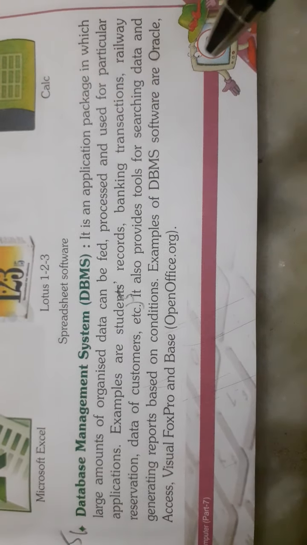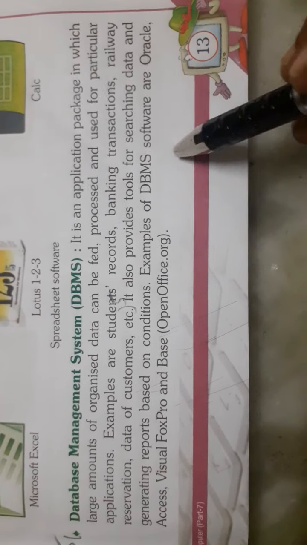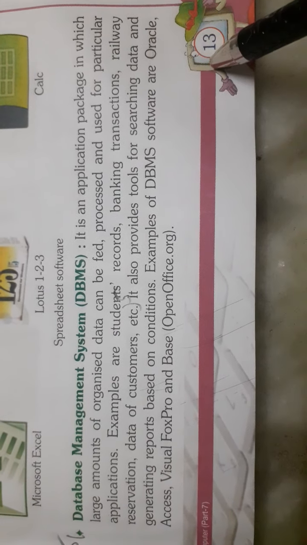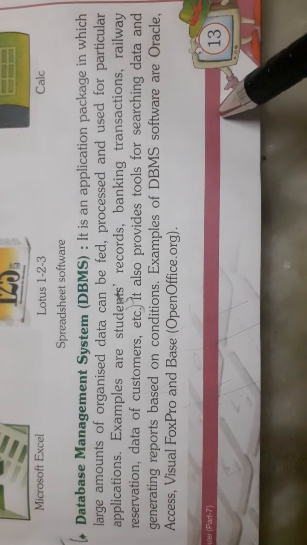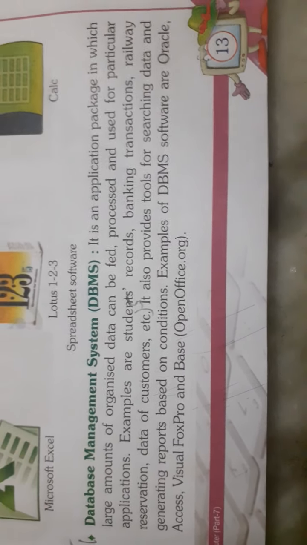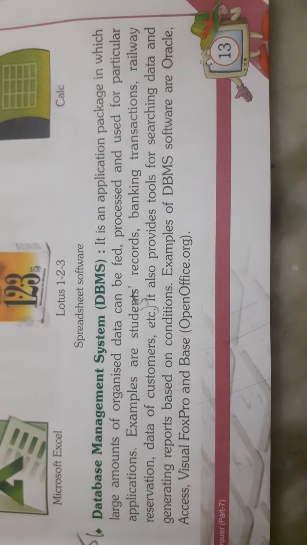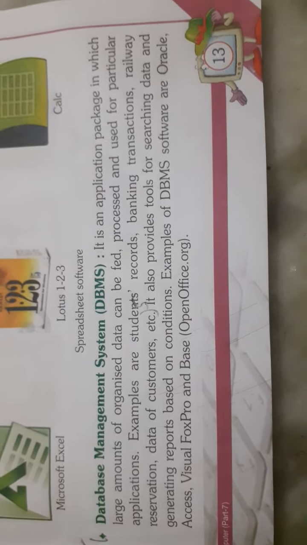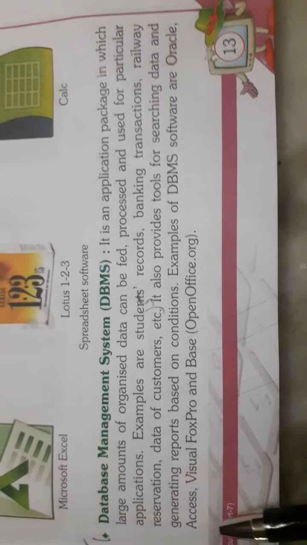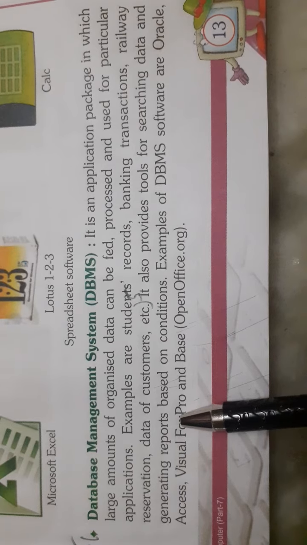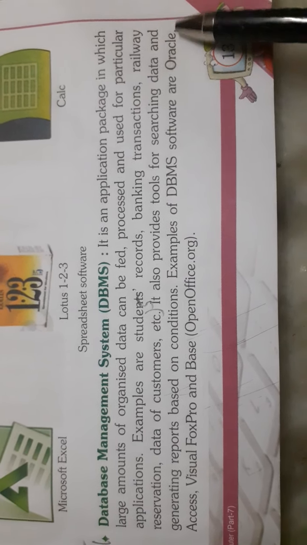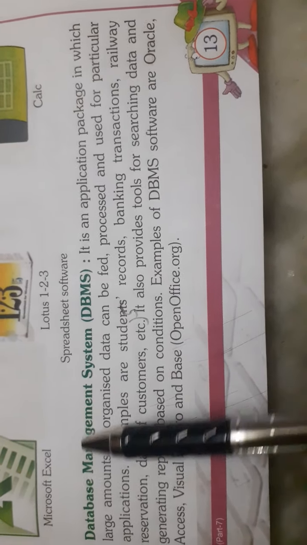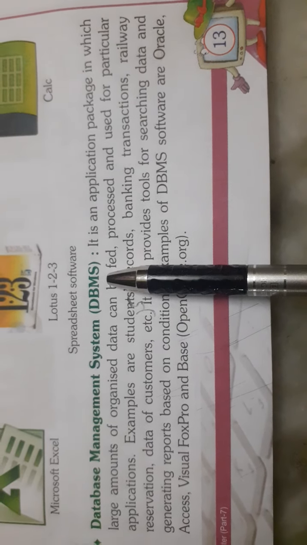For example, 5 students got 500 out of 500 marks. I can retrieve that list of students, I mean I can find out very easily, within seconds. Like that we can generate reports also, and we can search data very easily by using this database management system software.